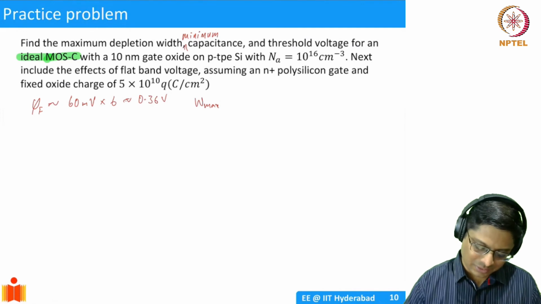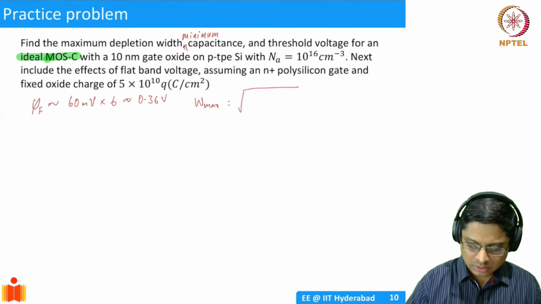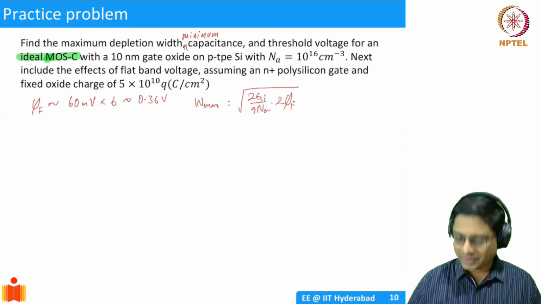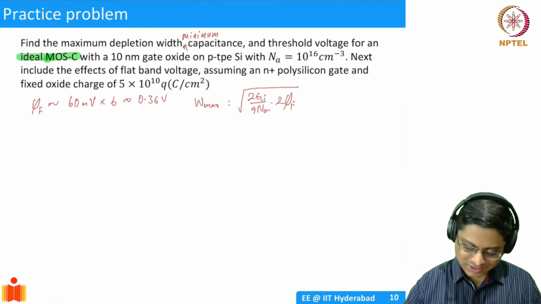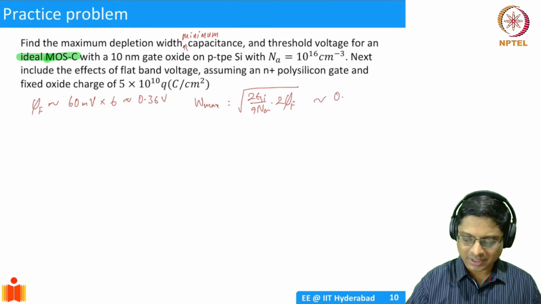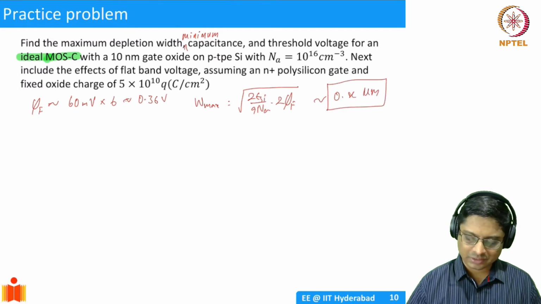So W max should be equal to the square root of 2 times epsilon silicon divided by QNA times 2 times phi f. You'll solve it. It will be something in the range of point some number, x microns, micrometers. You find out what number it is.